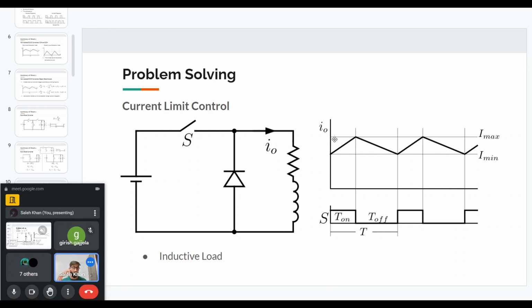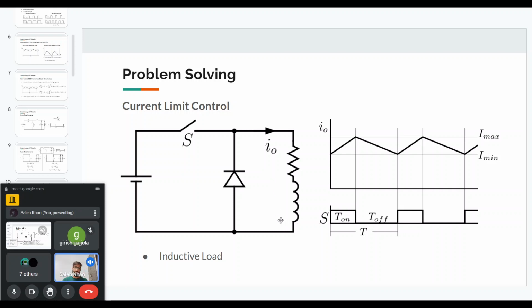And the current limit control basically says that when this load current reaches some maximum point, which we have defined as Imax, we will then turn off this switch, and then the other switch, the freewheeling diode, will turn on. During the freewheeling, you can see the inductor will not have a positive voltage.